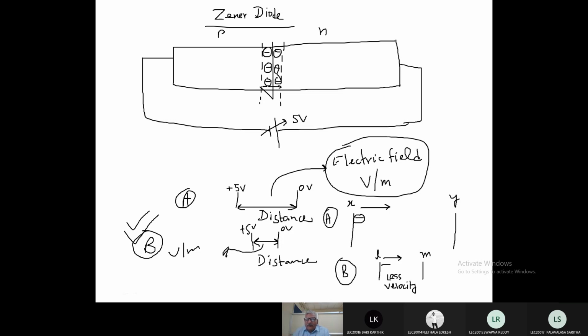So in both cases, more number of electrons are generated, whether it is avalanche or Zener breakdown. But the difference is, in avalanche breakdown, more electrons are generated due to the breaking of the lattice. And in Zener breakdown, more electrons are generated due to the breaking of the covalent bond.